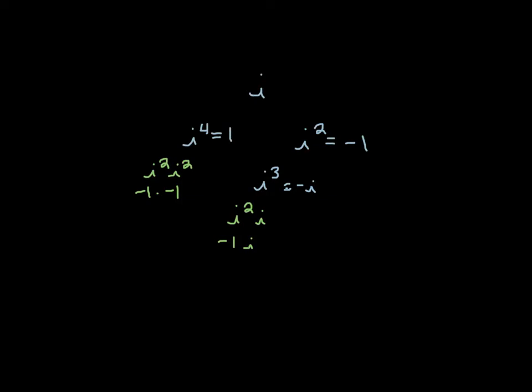So the next step after I to the fourth would be I to the fifth, which is the same thing as I squared times I squared times I. -1 times -1 is 1, so we just got I. So I to the fifth is the same thing as I to the first, which is our I. And I to the sixth is equal to I squared times I squared times I squared.